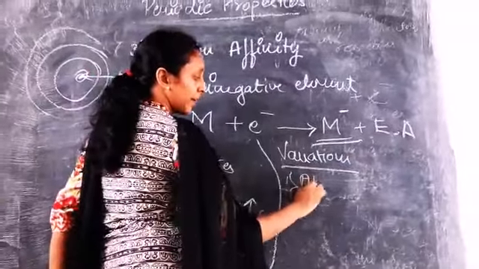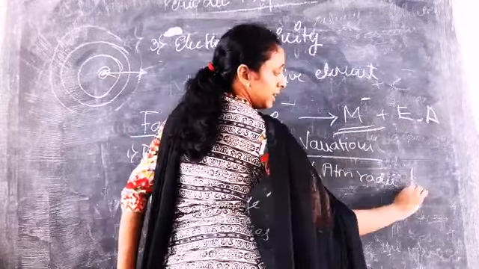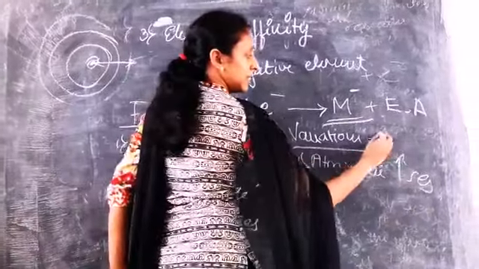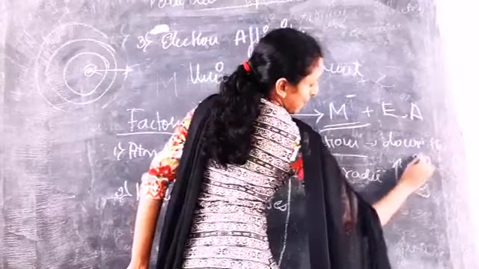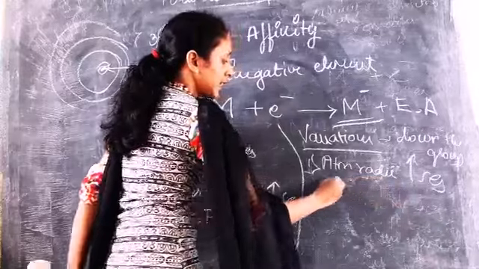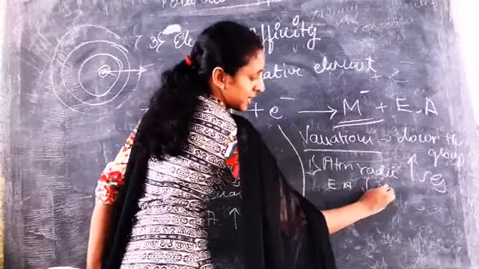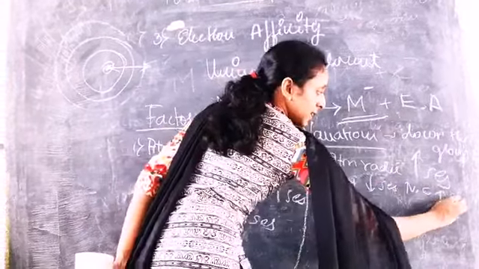As the atomic radii increases, this is down the group: atomic radii increases, the electron affinity decreases, and the nuclear charge increases.